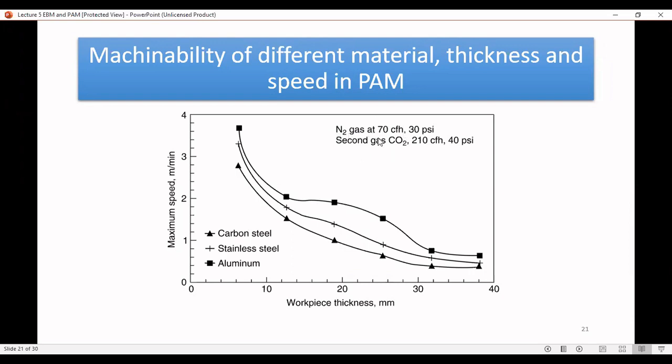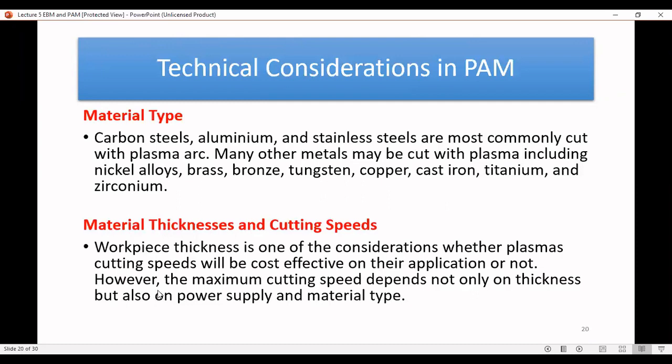Based on this setting, if you look at the graph, this is for the carbon steel, this is for the stainless steel, and this is for the aluminum. This is looking at the maximum speed that you can use based on the thickness. As the workpiece thickness gets higher, the maximum speed becomes very low. This is what this particular statement means: the workpiece thickness is one of the considerations whether plasma cutting will be cost effective for your operations.